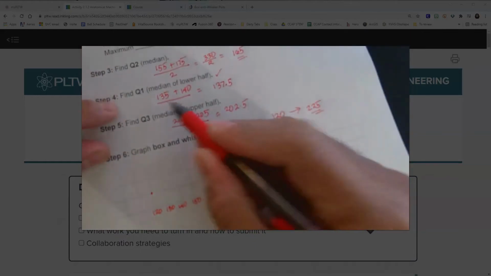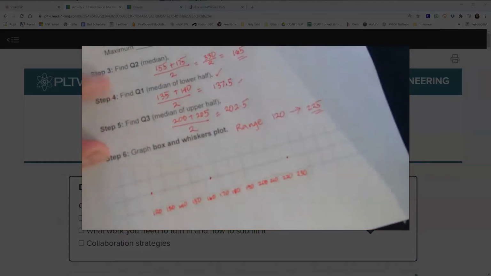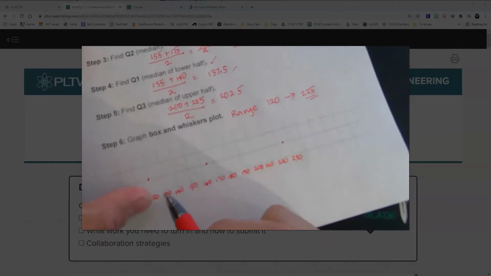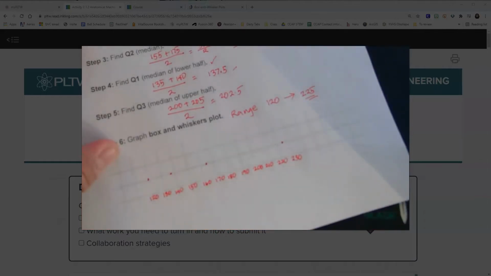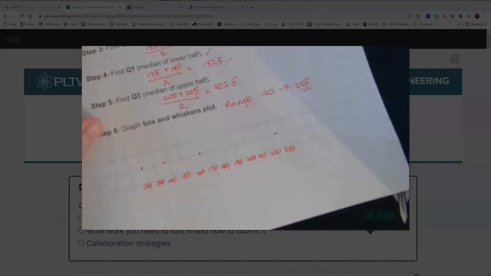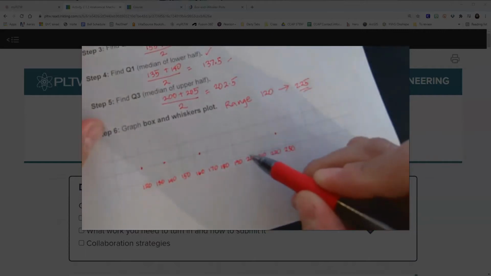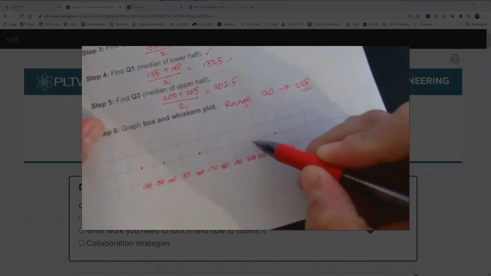And then Q1 is 137.5. So if I look at 130 and 140, it's not quite in the middle. It's 3/4. So I'll put it right there. And then finally we have Q3, which is 202.5, which is in between 200 and 210.